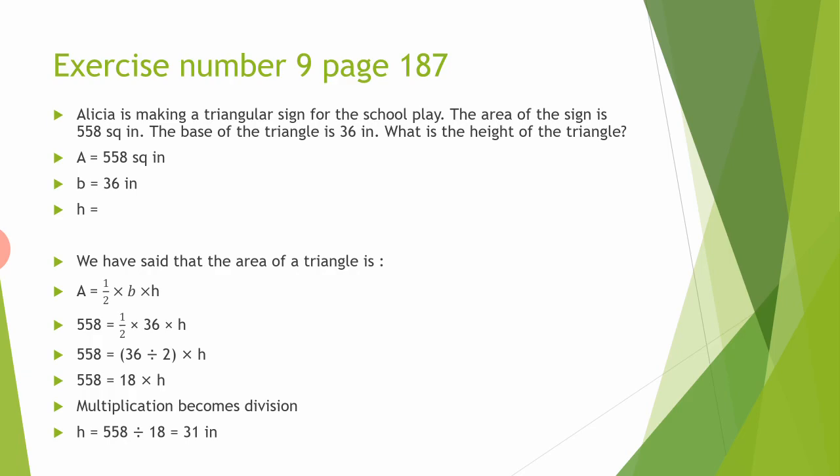In the place of the base 36, so we have 558 equal to a half times 36 times the height. 36 times a half is 36 divided by 2, so 36 divided by 2 is equal to 18, so 558 is equal to 18 times height. Multiplication becomes division, so 558 divided by 18 is equal to 31. So the height is equal to 31 inches.